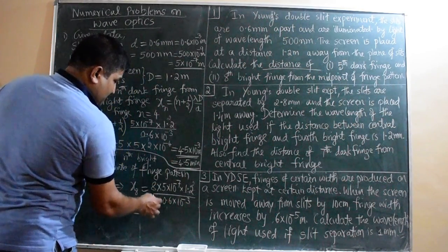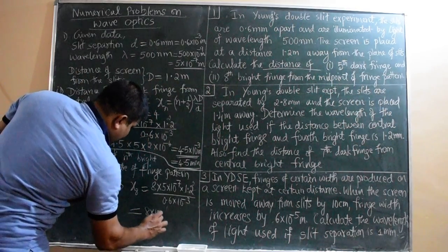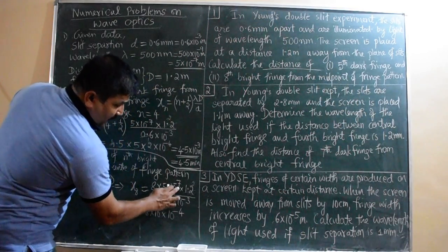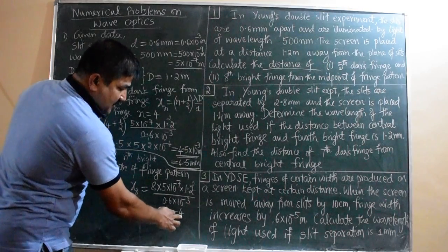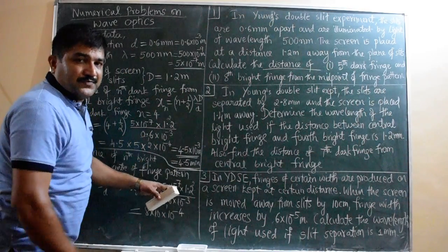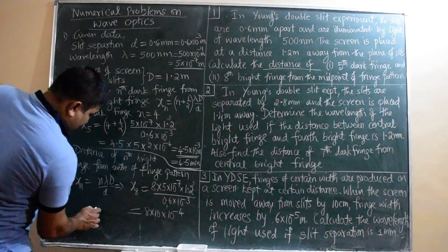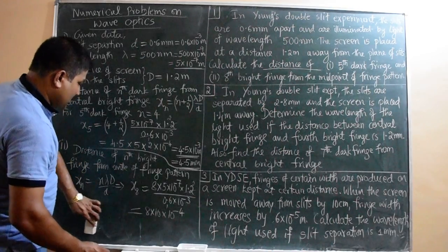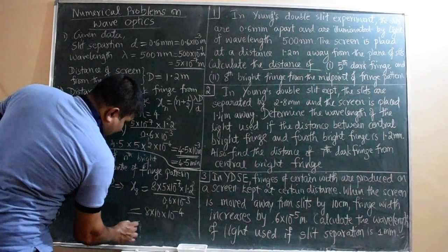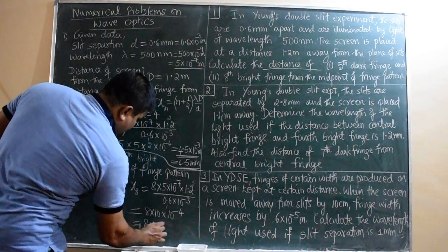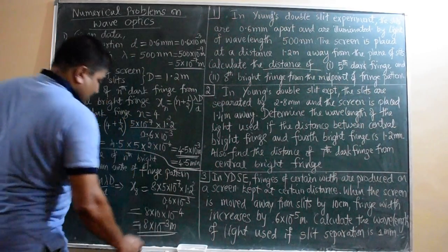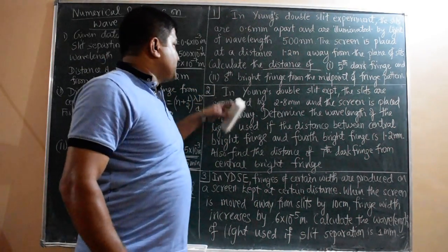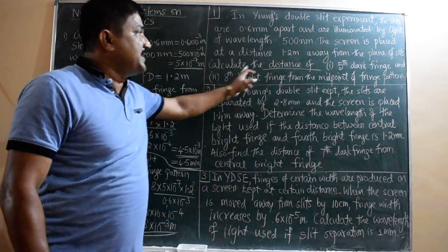So 2 into 5 is 10, then 8 into 10 into 10 power minus 4. 10 power minus 7 in the numerator, 10 power minus 3 in the denominator, so taking it to the numerator it becomes 10 power plus 3. Minus 7 plus 3 is minus 4, agree? So now the power of 10 is minus 4. And finally I can write 8 into 10 power minus 3 meter. So this is the answer required for the second part, the 8th bright fringe.